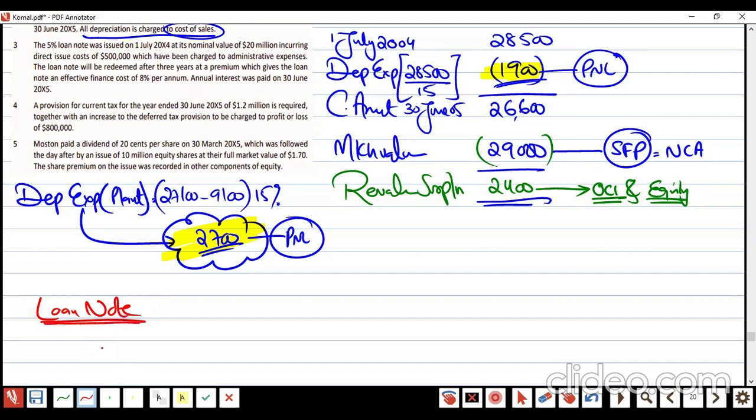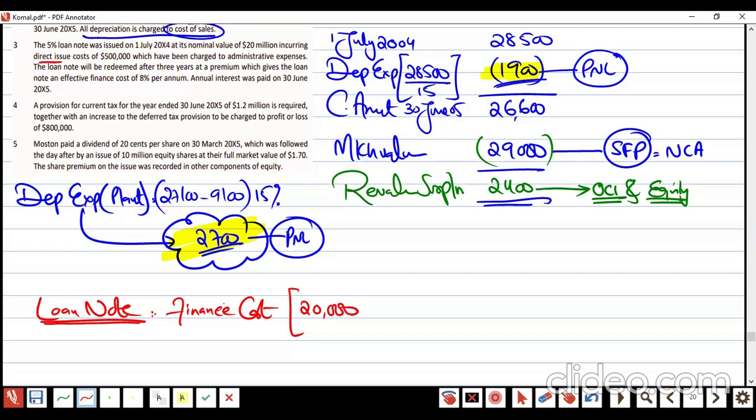Annual interest was paid on 30th June 2015. The loan note will attract the finance cost, right? The loan note amount is how much? 20 million.